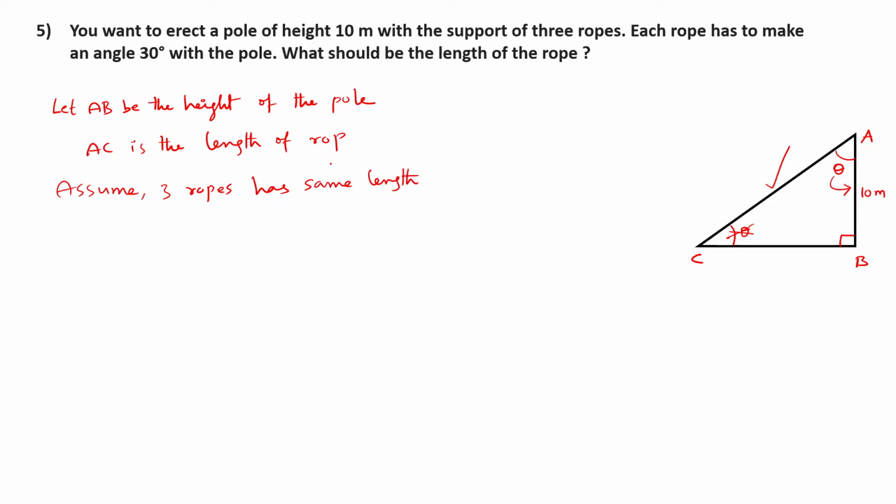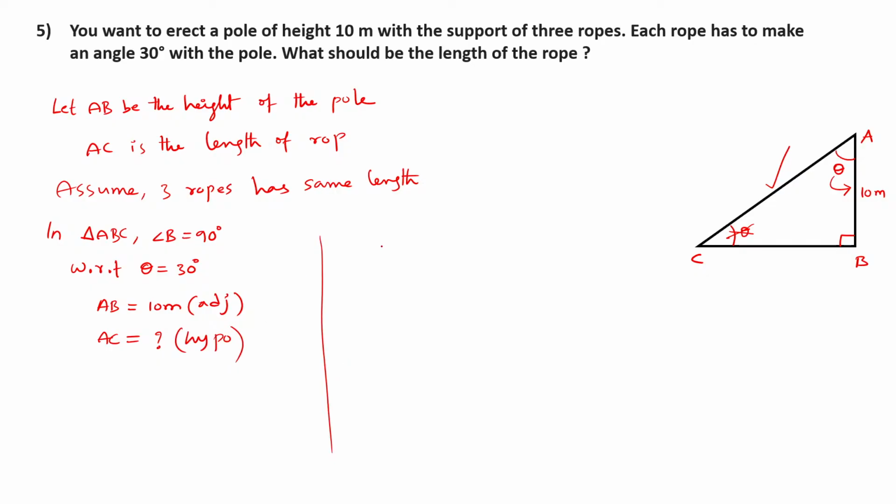So in the triangle ABC, which angle is 90 degrees? Angle B is 90 degrees. It became a right angled triangle. Now, with respect to our acute angle 30 degrees, what is given? AB is equal to 10 meters, which becomes the adjacent side. And what is to be found? AC, that is nothing but the hypotenuse.